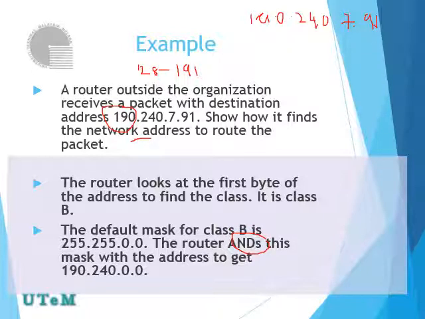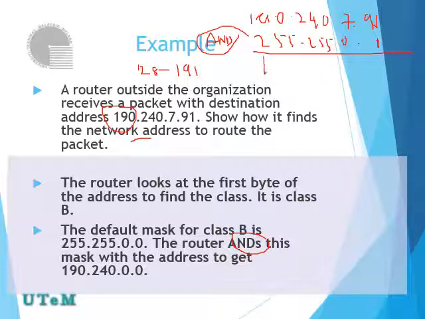This is class B, so the default mask of class B is /16, or 255.255.0.0. Use AND operation. You need to convert to binary, or you can simply AND 190 with 255 in binary.